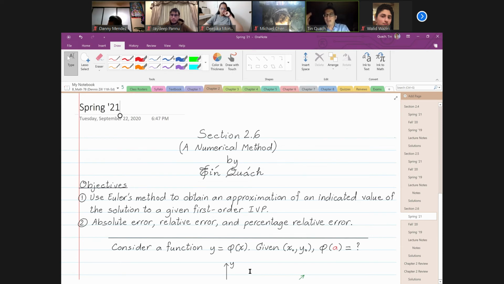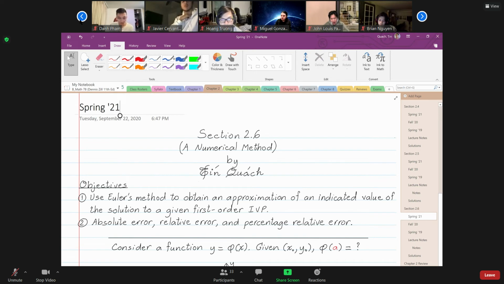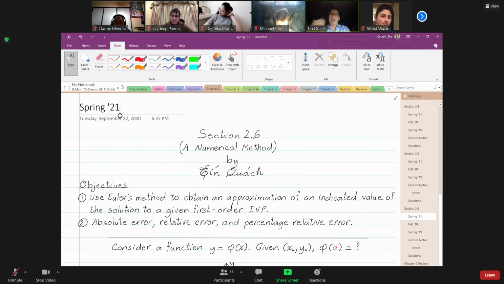Most of the time we run into equations that are impossible for us to solve algebraically. That's why in calculus 1 you learn how to solve an equation by using Newton's method, or what we call linear approximation and so on. That is a numerical method to approximate.